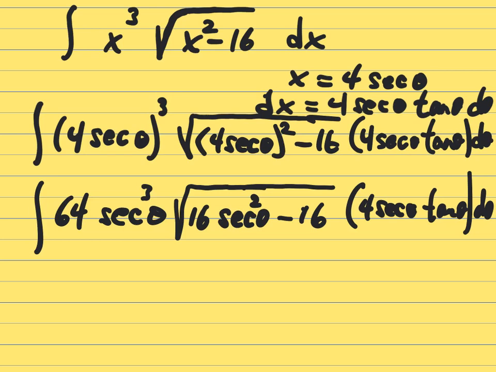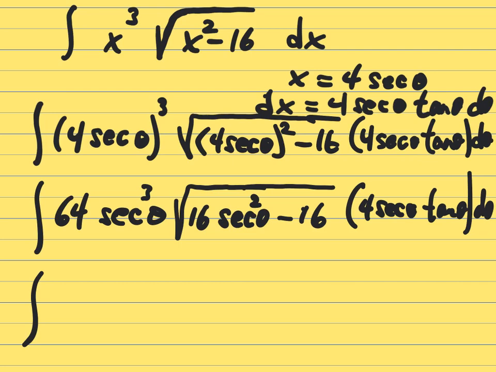Under the square root, like we did in the first video, in your mind, let's factor out a 16. That will leave 16 parentheses secant squared theta minus 1. A few other things along the way.